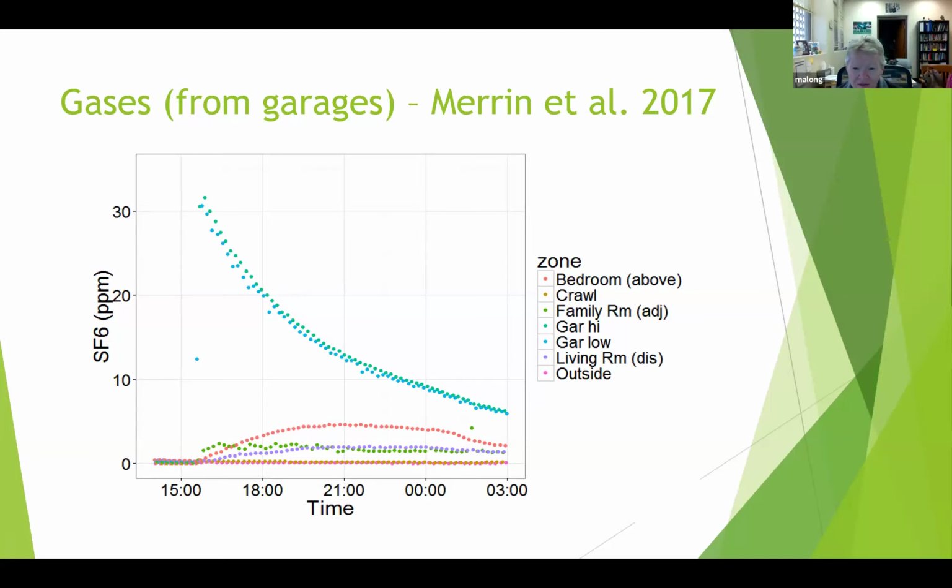Okay, so then when it says living room, I figure family room adjacent, living room distant, is that what the DIS means there? Yes. So these two are not all the way flat, but lower. The green one that starts a little bit higher and then gets a little bit lower, that's the family room. That's just on the other side of the garage. And the living room is at the opposite end of the house. That's the blue one here.